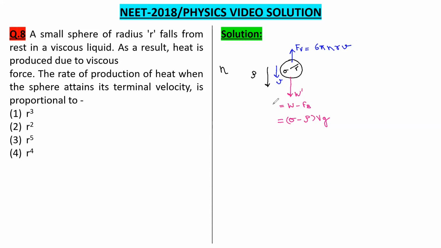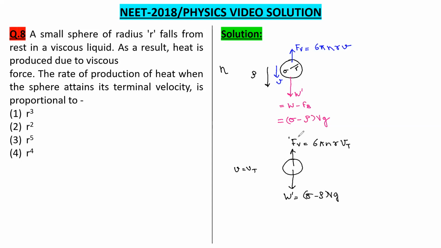So it reaches a stage when the velocity becomes terminal, that is, constant. When the velocity becomes terminal, the effective weight, that is (sigma minus rho) Vg, becomes equal to the drag force, that is 6 pi eta r Vt.